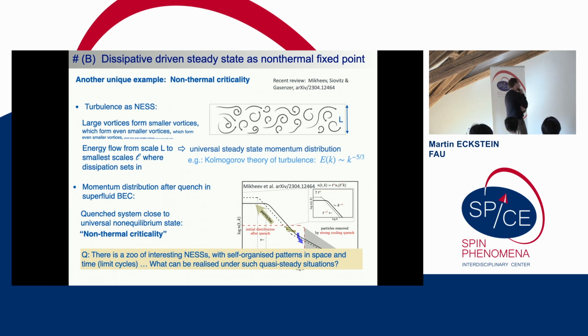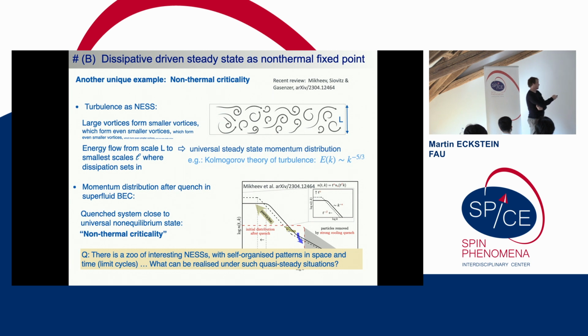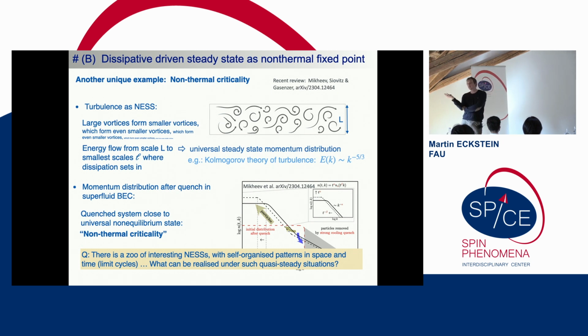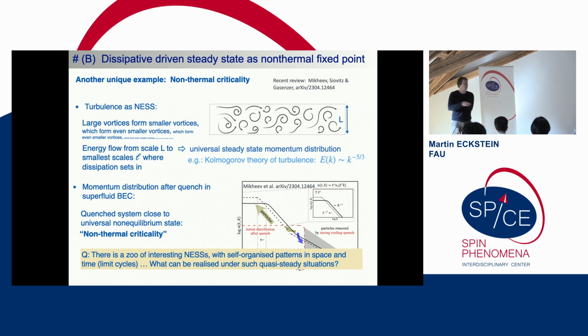Yeah, maybe that's also because in principle this is classical. Of course, turbulence is also classical, but it's a self-organization or a universal form in momentum space, and then you can ask whether you have similar structures in real space. And that's what I meant when I, for example, showed this self-organization under driving in classical systems.